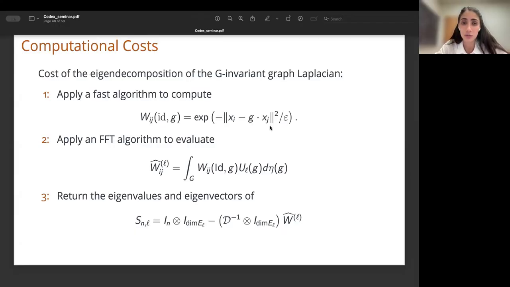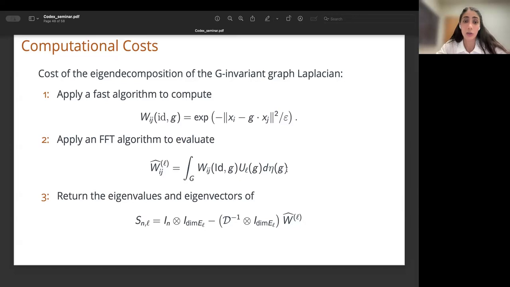So we need a fast algorithm to compute these weights. And we also need a way to do a fast Fourier transform to evaluate the Fourier transform of the weights for our graph. So, for example, there are fast Fourier transform algorithms for SO2, SO3, SU2, but there might be some other symmetry groups for which we don't know how to do a fast Fourier transform. So this is something that we need to consider.